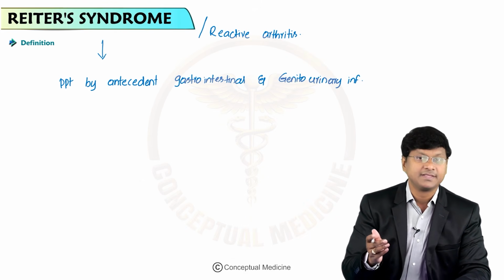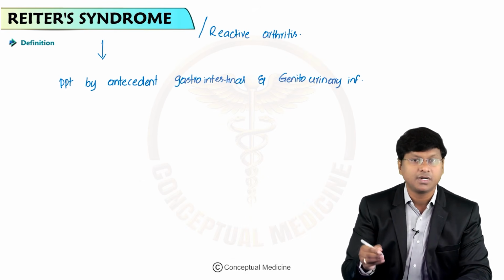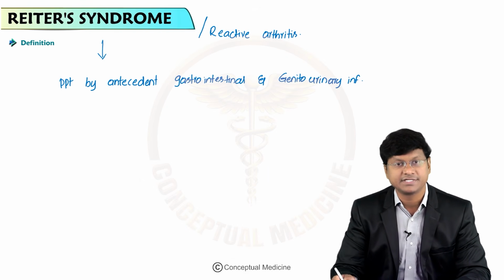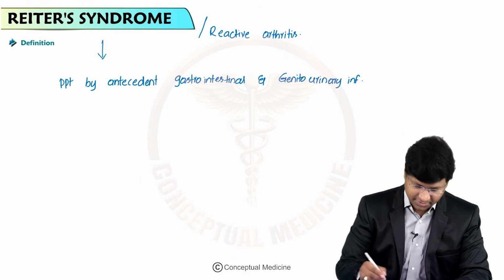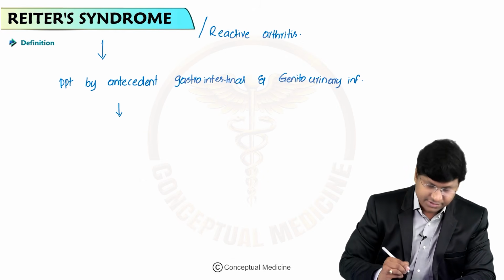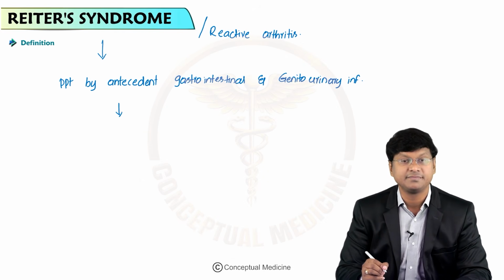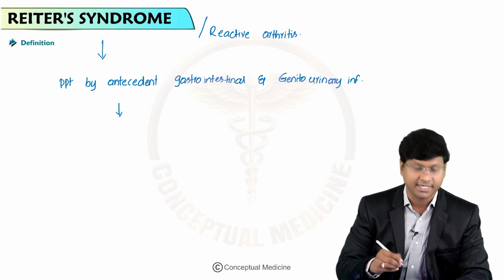In the sense, there will be a prior or past history of gastrointestinal and genitourinary infection, and the manifestations will be in the form of asymmetric sterile oligoarthritis.